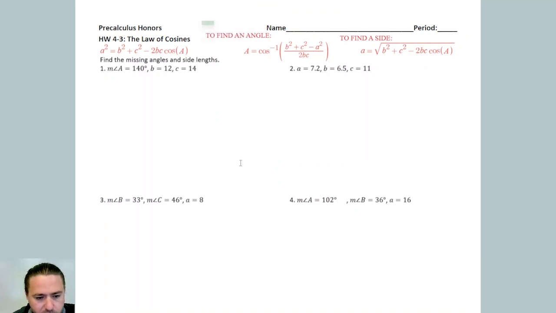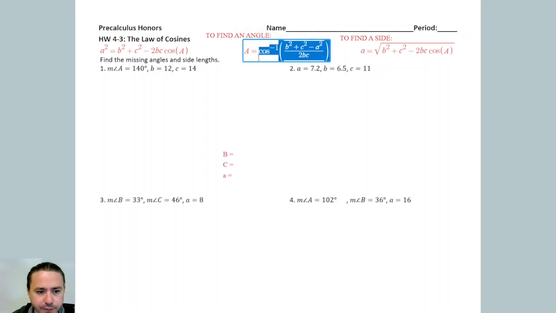Although, you could use law of cosines multiple times, but let's try to find angle B first. Okay, and that way, once we have angle B, we can start either using law of cosines or law of sines, depending on what we decide to do here.